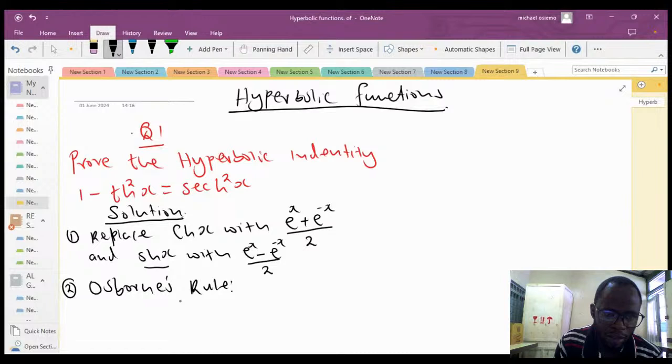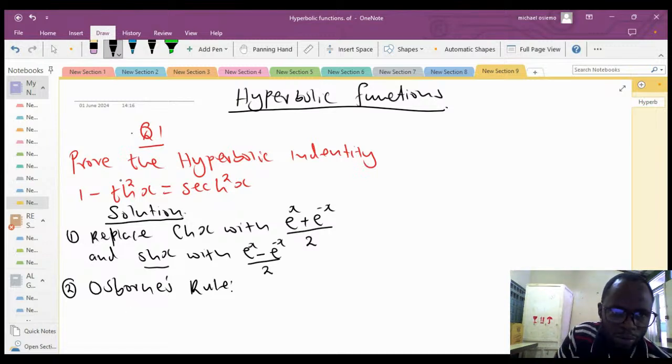If it is cos, you can substitute with cosh, if it is sine, you can substitute with sinh, and if it is tan, you can substitute with tanh. But wherever you have a direct or indirect product of sines, the sign of that product must change.